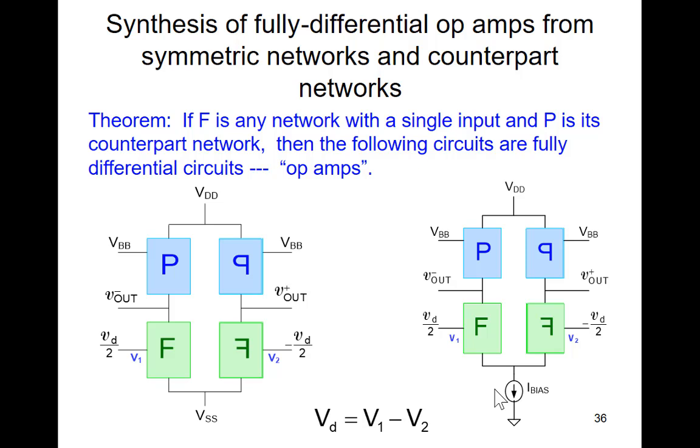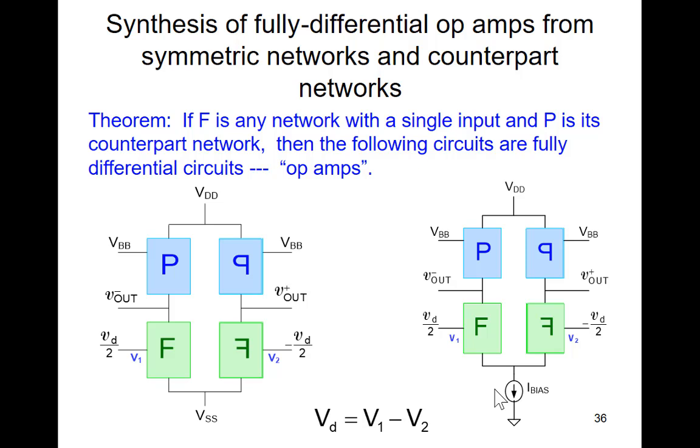Okay, so what have I done here? I take any network F, I create its counterpart network, and I put them together and create what's called a half circuit. And then I reflect them around an axis of symmetry.